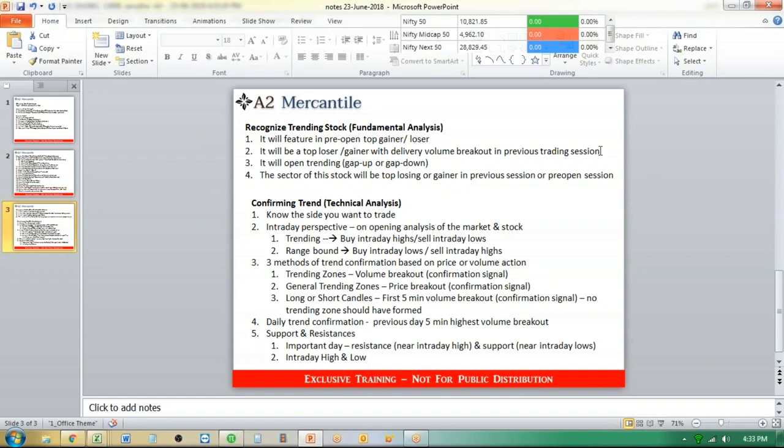If the market was fundamentally strong, the closing is strong, and the next day the opening is weak, that means there is a reversal in the trend after the market closed. So something globally has caused this.